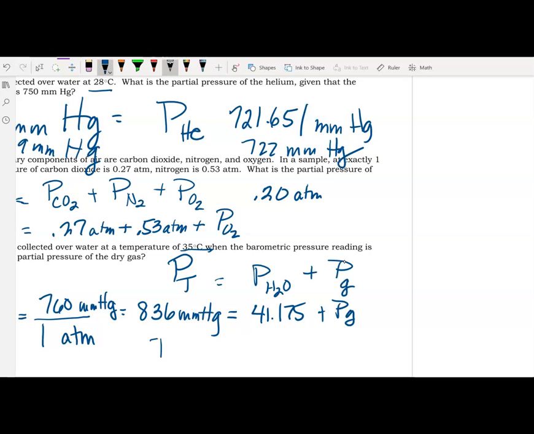So what is the final pressure of the gas? 1.05 atmosphere. Okay, but let's do it in millimeters of mercury first. 795. And then you could change that back to atmospheres if you wanted to.